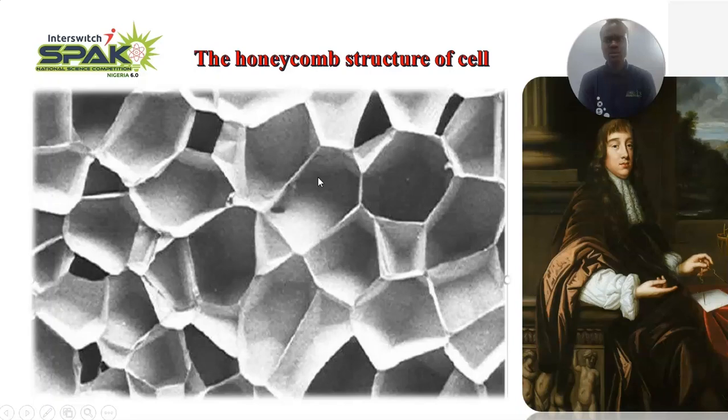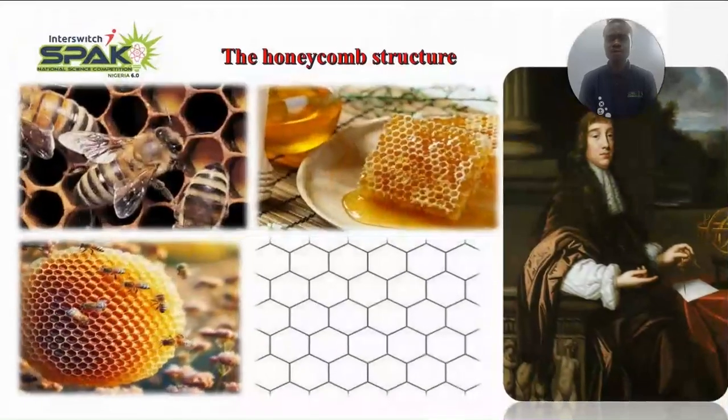Of course, according to the capacity of the microscope he worked with, he couldn't discover much inside the cell. All he saw was empty chambers that looked like small rooms. That was why he coined the term cell to describe the structure he saw.